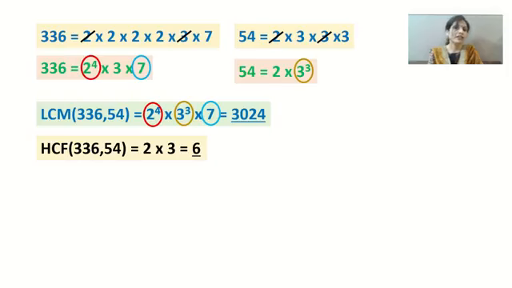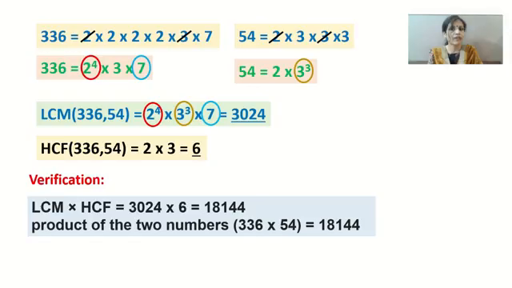Alright, now let's start the verification. For verification, LCM into HCF, that is 3024 into 6, will give us 18144.